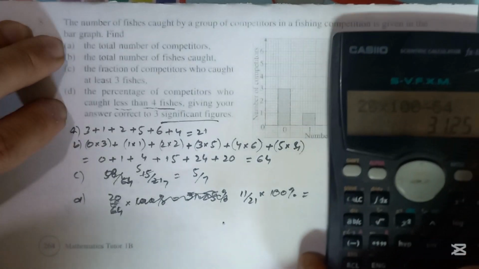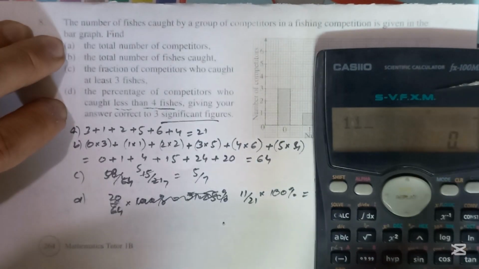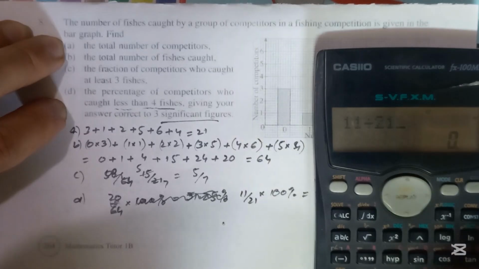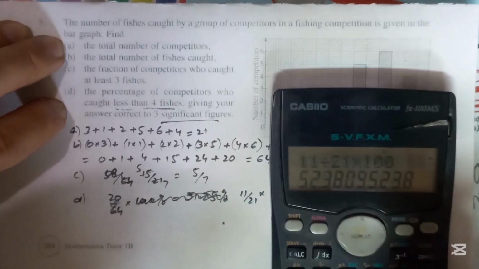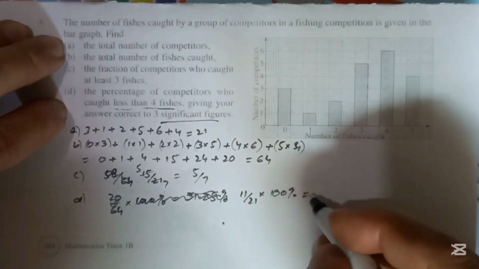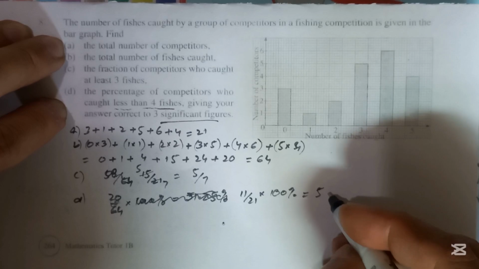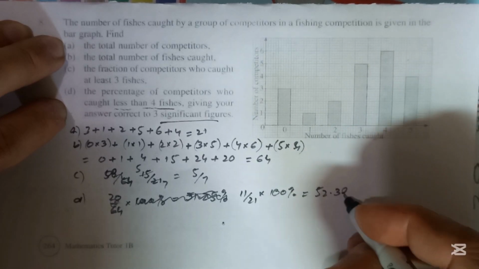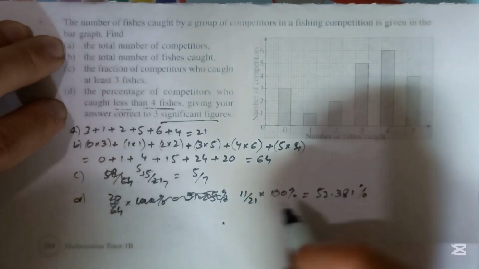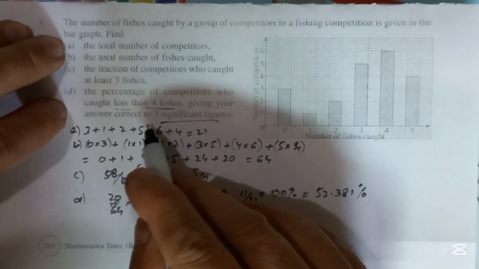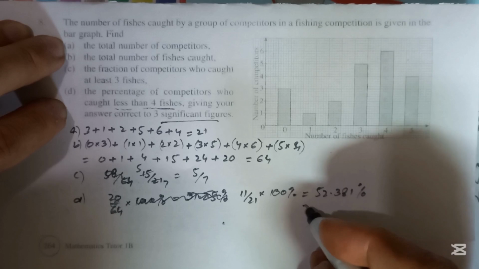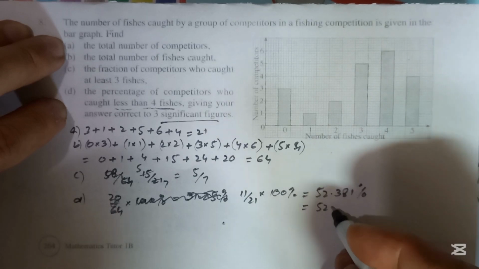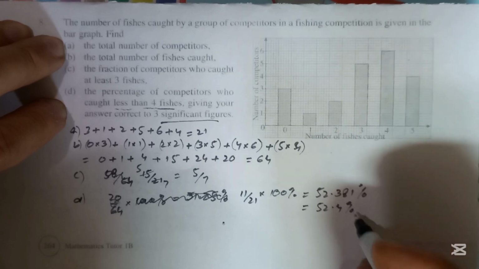So 11 by 21 multiplied by 100 gives 52.381. Because the requirement was to give your answer correct to 3 significant figures, the answer is 52.4%.